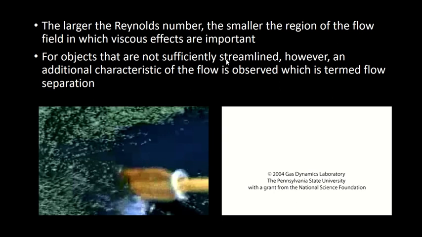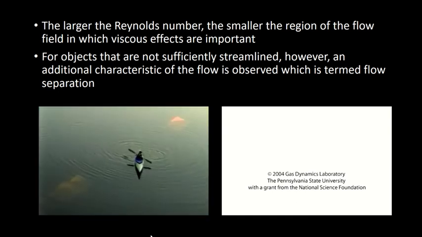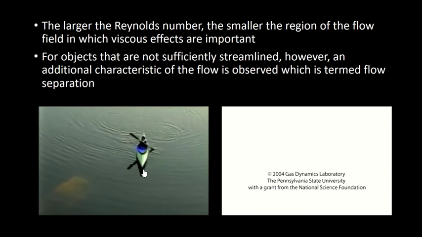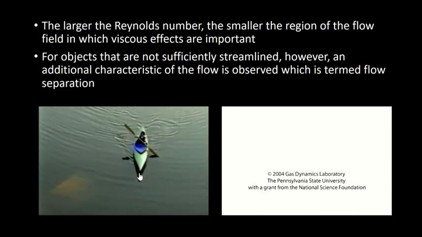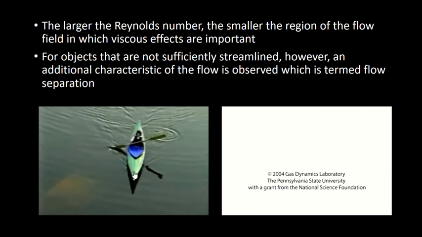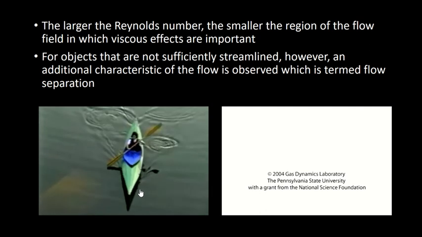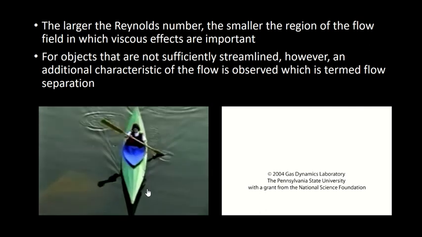Now, as I mentioned in the beginning of this lecture, what happens to a body that has a very streamlined shape? This is a kayak. A kayak is a vehicle that consists of a streamlined body, so that's why it is really easy to move.